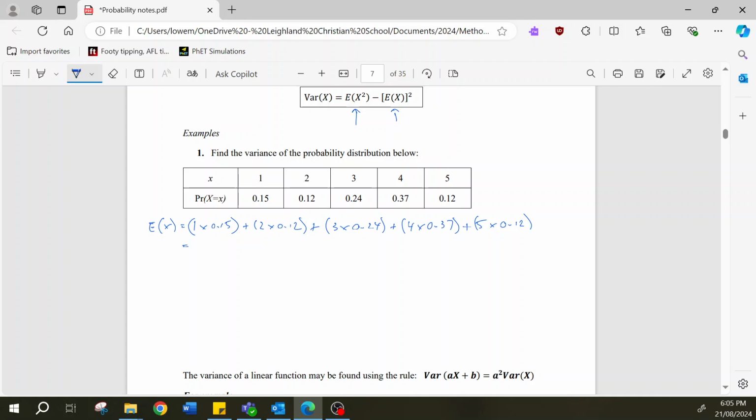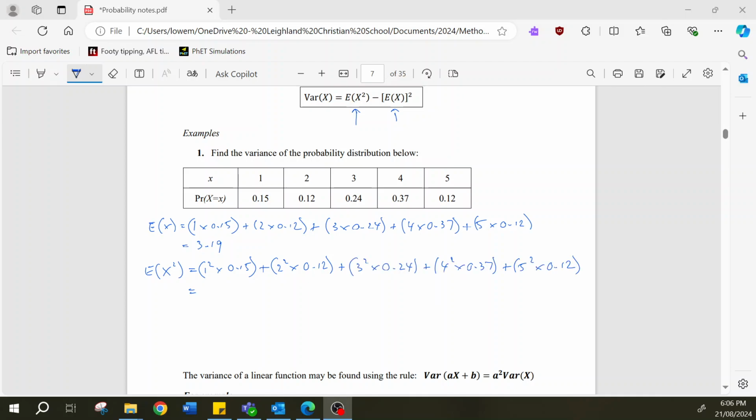And that adds up to 3.19, and then we need to work out E of x squared, which would be 1 squared times 0.15 plus 2 squared times 0.12, and so on.